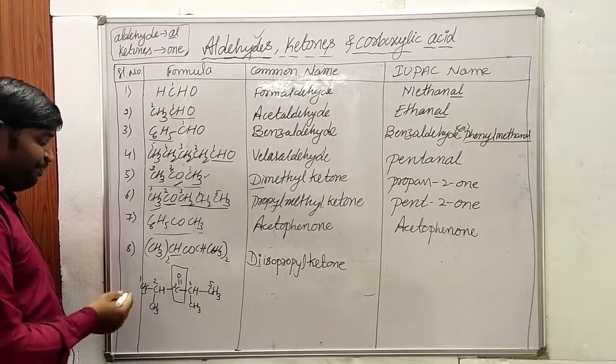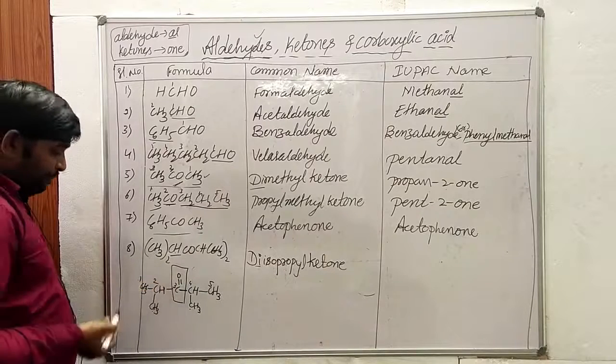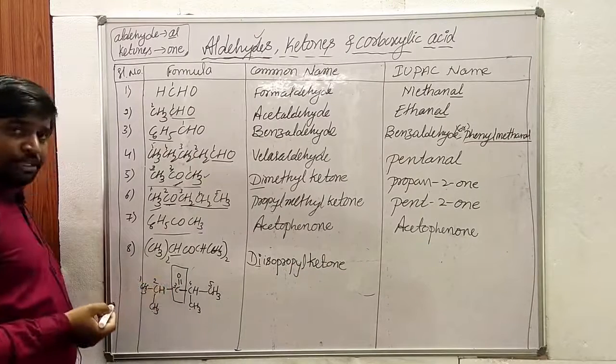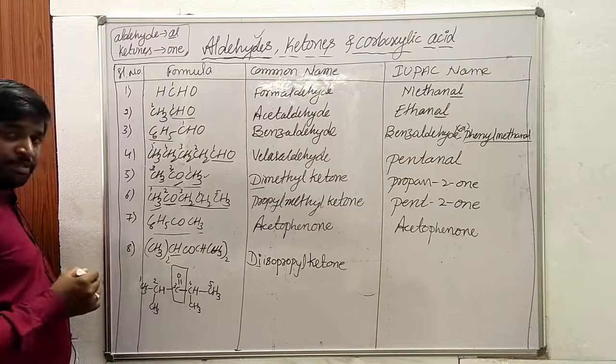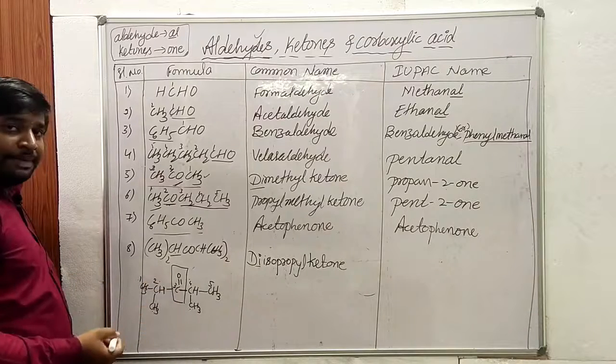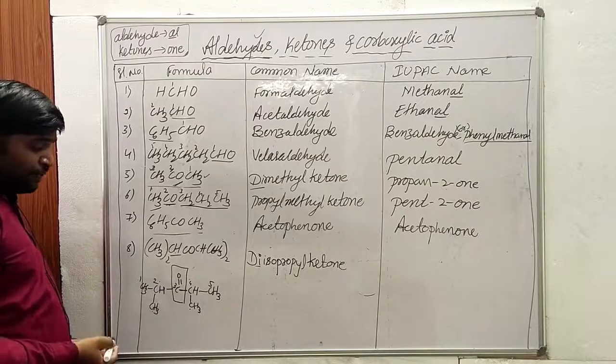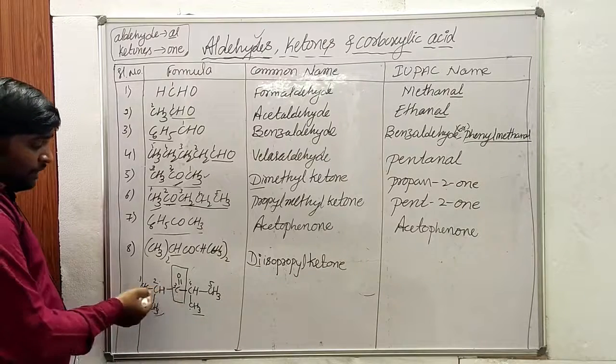What is the IUPAC name? Here 1, 2, 3, 4, 5. For the third position, the carbonyl group is present. For the second position, a methyl group is present, and for the fourth position also a methyl group is present. First we write the substituents, the methyl groups. Next we write the word root.